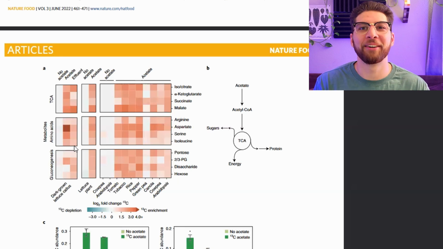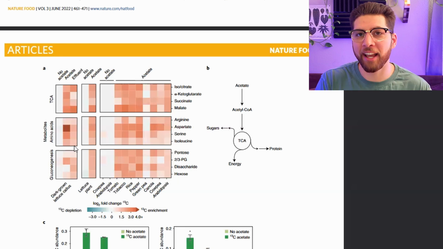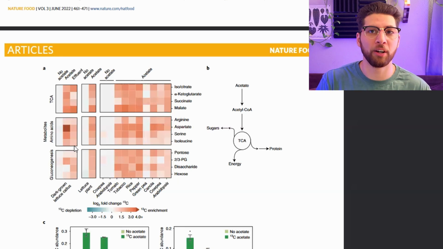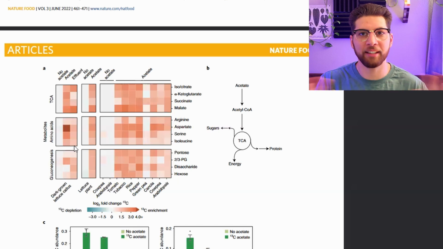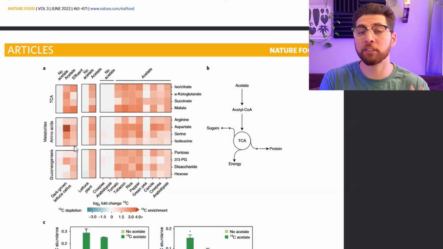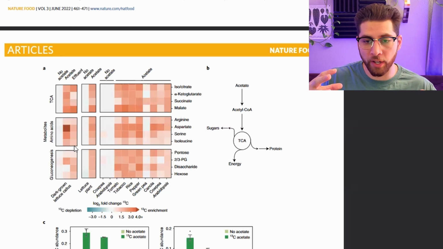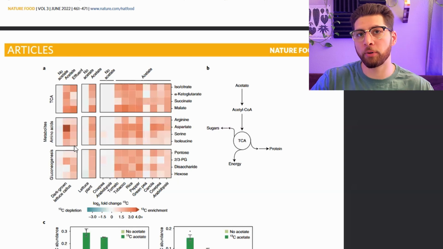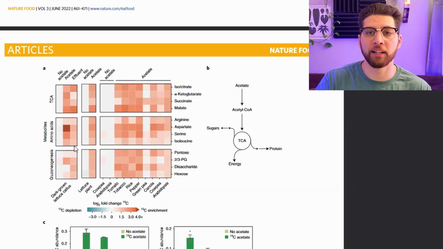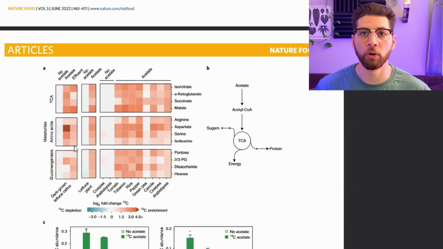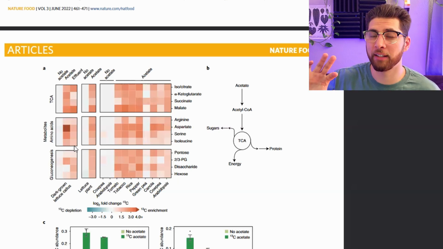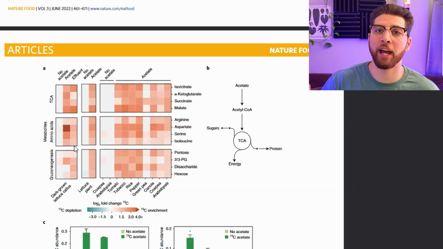There was a good reason they were all done in the light, because the plants can't grow completely in the dark only on acetate. That's just not possible, at least with these plants. The authors of this paper are in the process of designing plants that can more efficiently grow in just acetate and no light. But I think there's a lot of engineering that we would have to do to get to that stage.